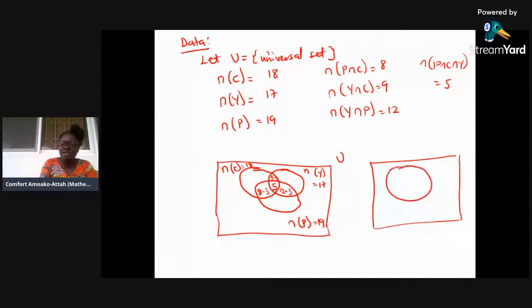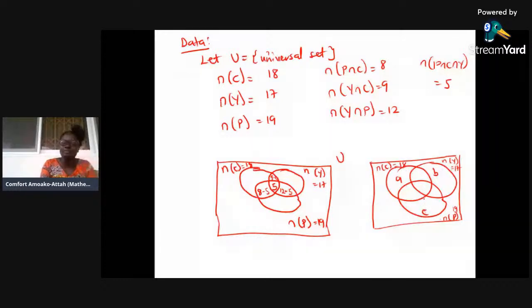There are 3 circles. Then we can say this is A, B, and C, since we don't know them.